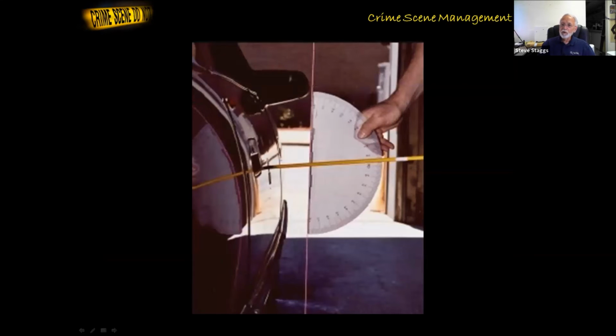But if you're using a protractor, keep in mind the sides of these cars are not straight up and down. So what you need to do is use a plumb bob so you can make a straight up and down line, and then place your protractor against it, and then you can see what the angle is for your bullet path or your trajectory.